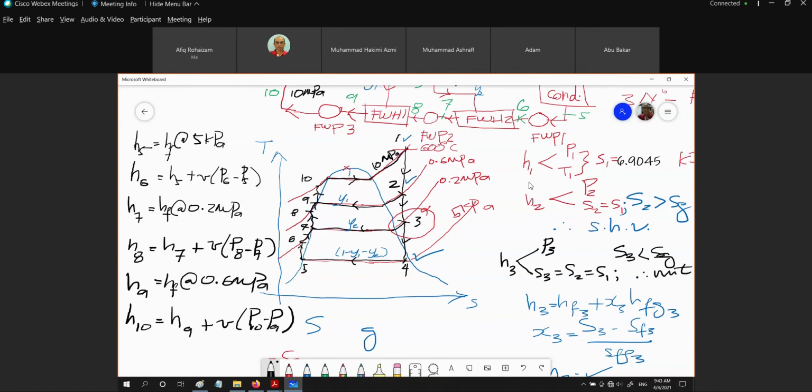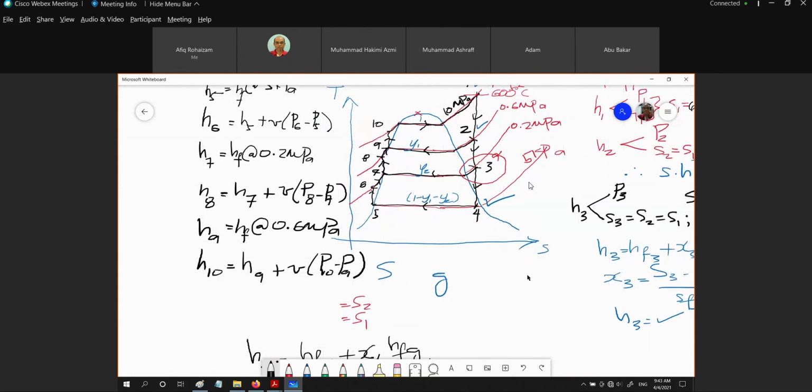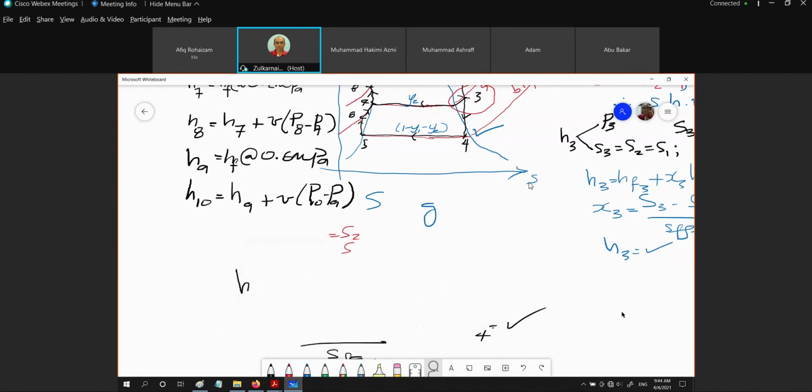So after that, we are going to get what? The W, for each case. Oh, sorry, not the W. What do you think the next thing that we could get? So this is how you get all the enthalpy. After the H10, what do you think we are going to get?